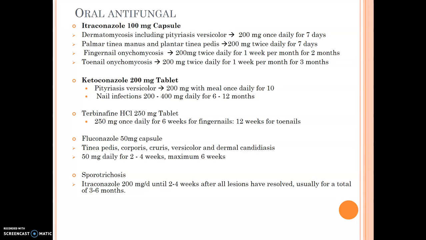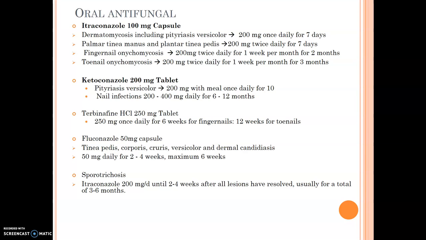Just like what I told you about dermatitis, sometimes you may not know what type of dermatitis it is, but usually the treatment is the same. Similarly, in fungal infection, you need to have the ability to differentiate and pick up the features of fungal infection.